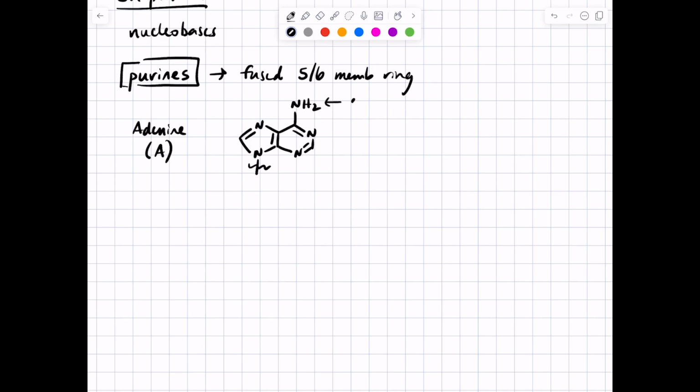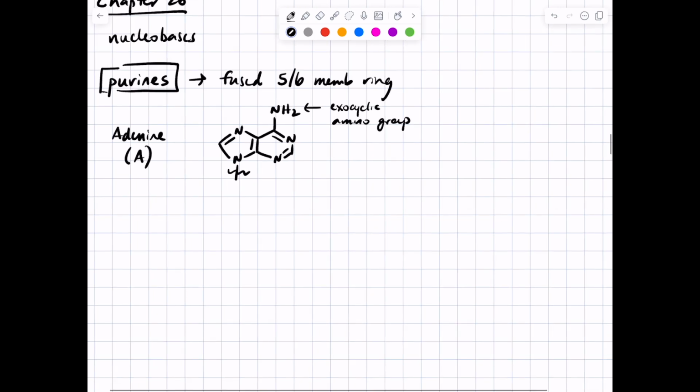This nitrogen is often called an exocyclic amino group because it's outside the heterocyclic ring. The other thing that can be useful is to distinguish the groups that are within the ring, especially the heteroatoms, as being a hydrogen bond donor.